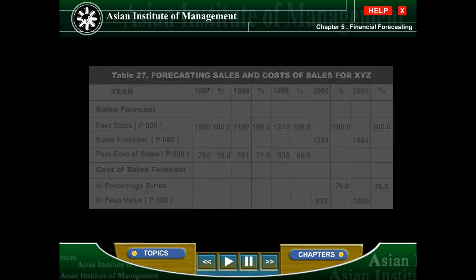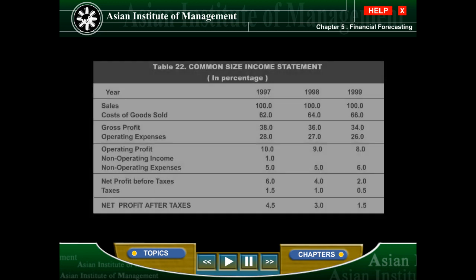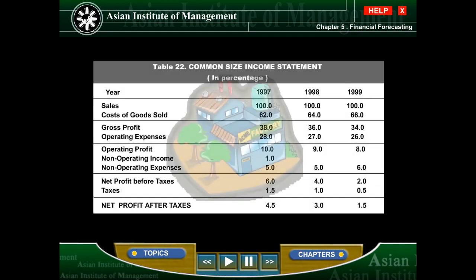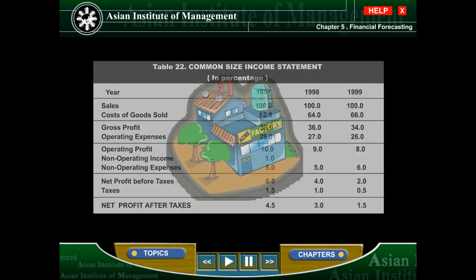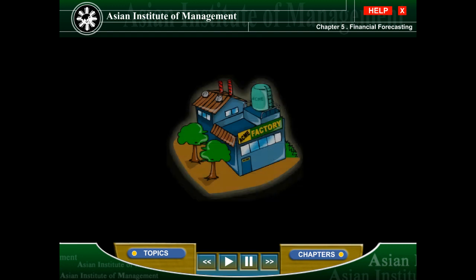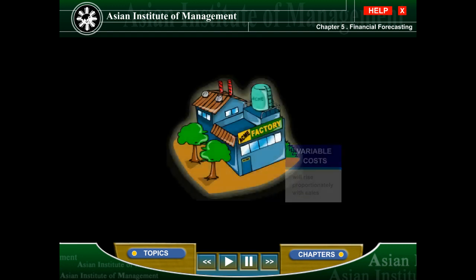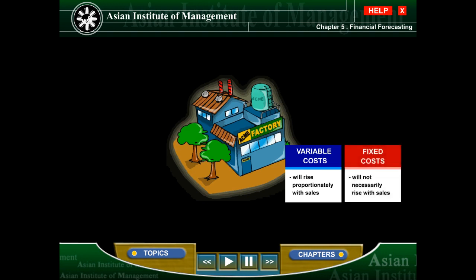A more meticulous approach to forecasting cost of sales can be taken by looking at each and every cost item included in cost of sales. The cost items can be broken into variable costs and fixed costs. Variable costs will rise proportionately to sales, while fixed cost will not necessarily change with sales.